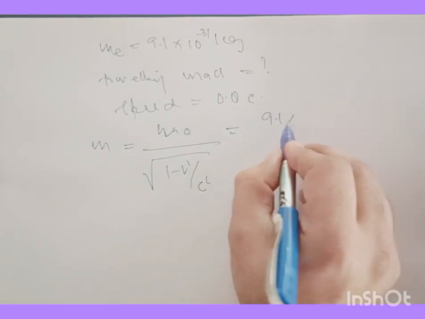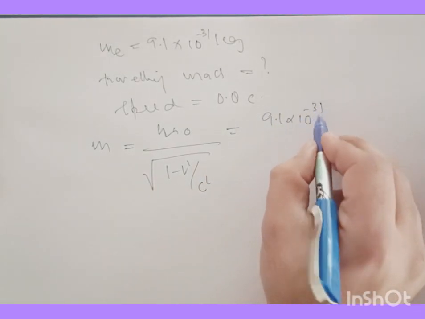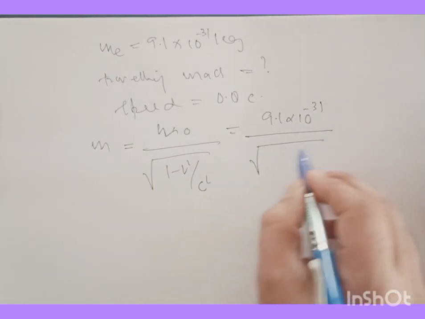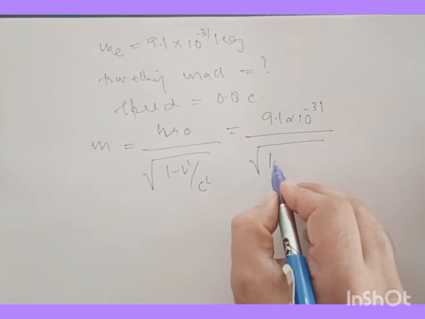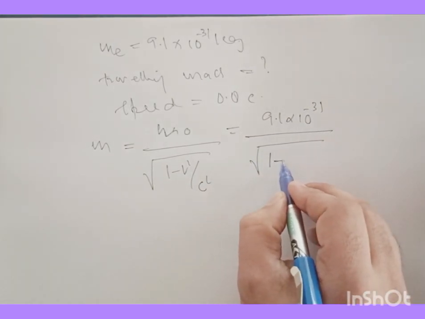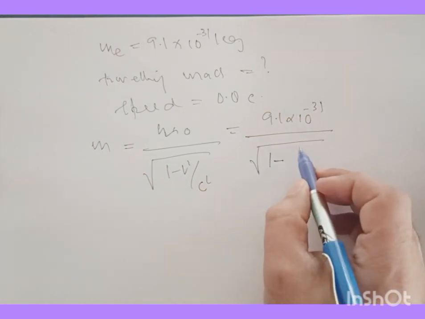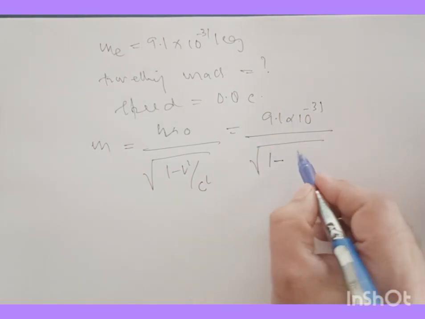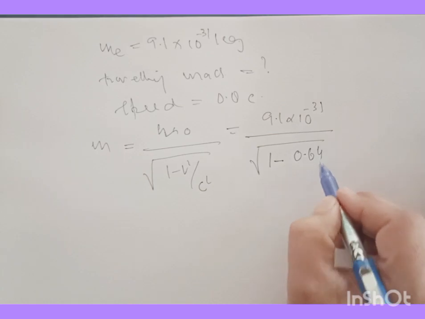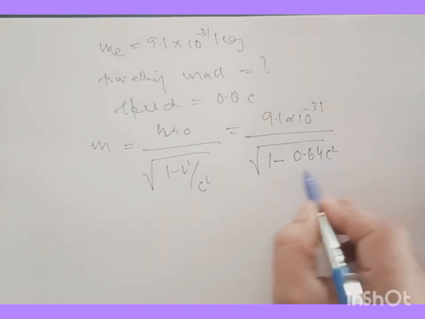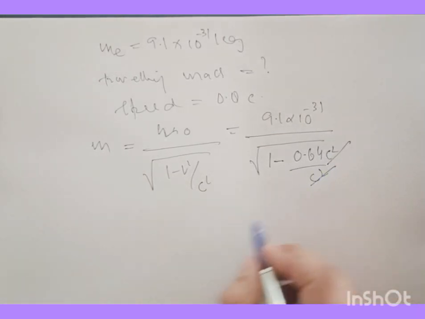So for m naught, I have 9.1 into 10 to the power of minus 31 divided by under root of 1 minus v square. So this is 0.8 squared, it is 0.64, by c square by c square, and c square is going to cancel.